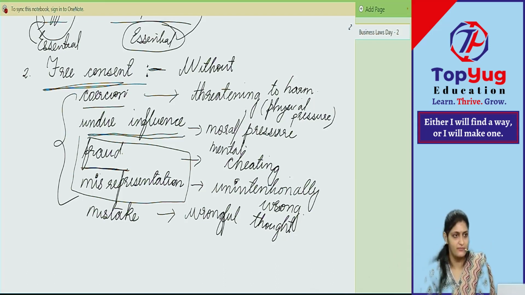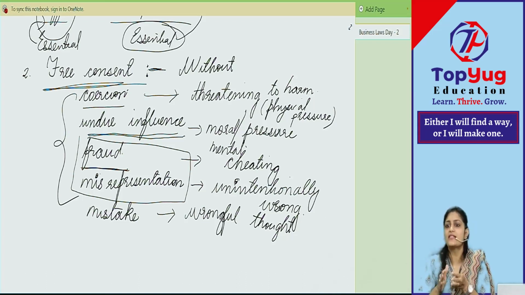I have 5 cars. I want to sell you, say, a white car. You want to purchase, say, a golden car. Yes or no? Whatever it is, white, black, whatever. But here, I am mistaken about something, you are also mistaken about something. How are we mistaken? We are only thinking something which is not right.